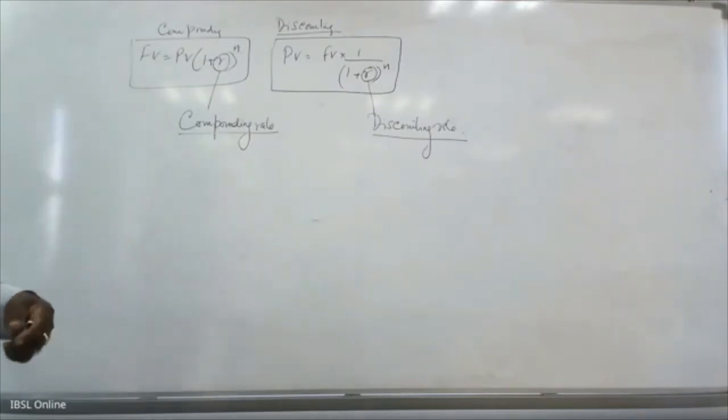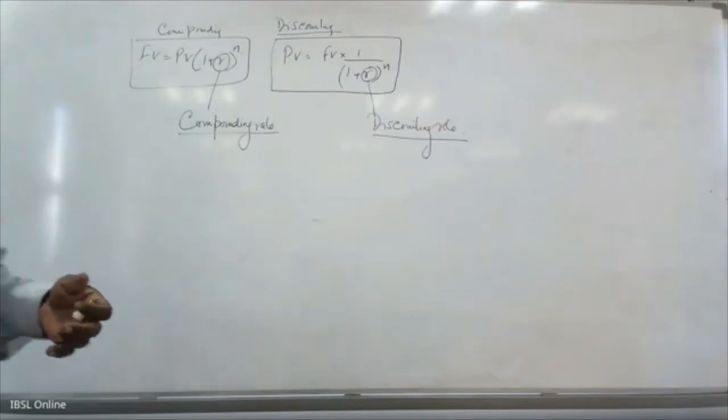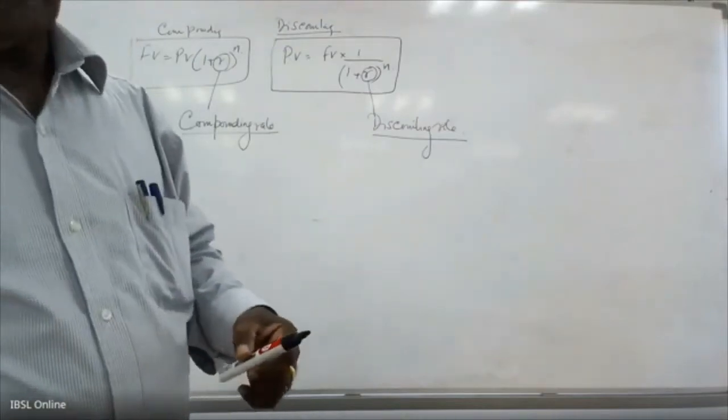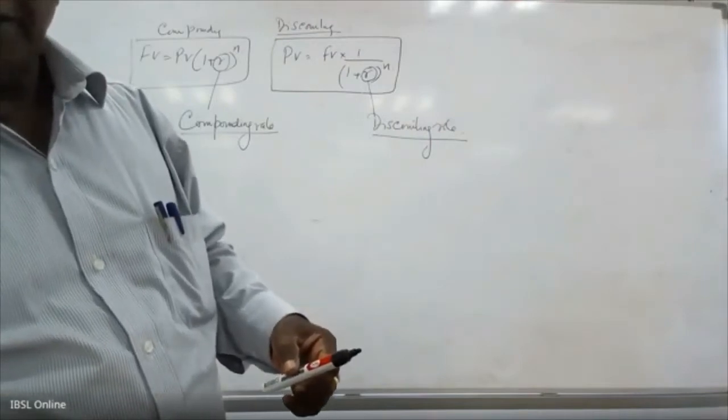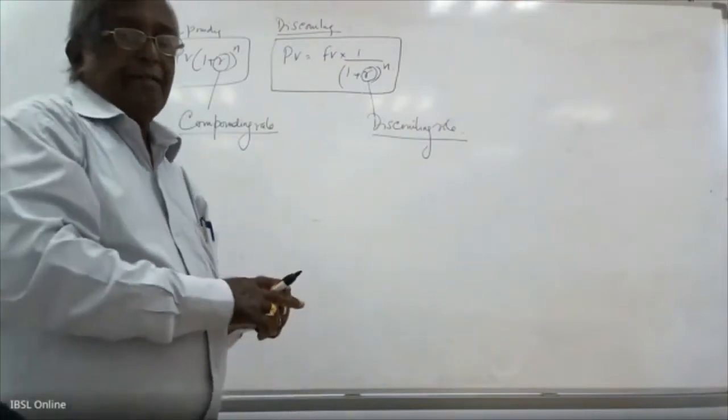So these discounting rates or compounding rates are really the interest rate we are using for the technique.